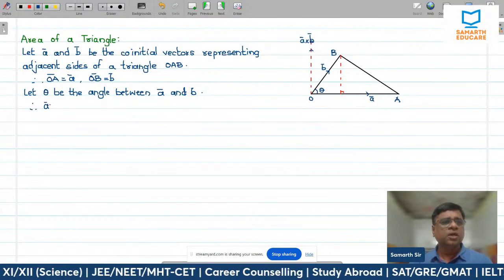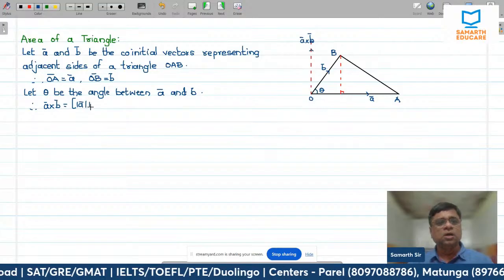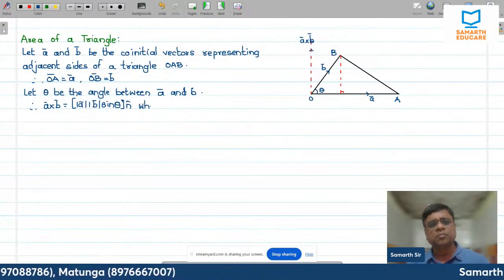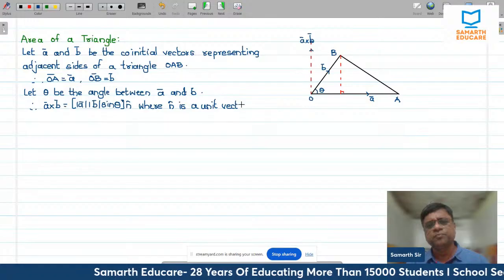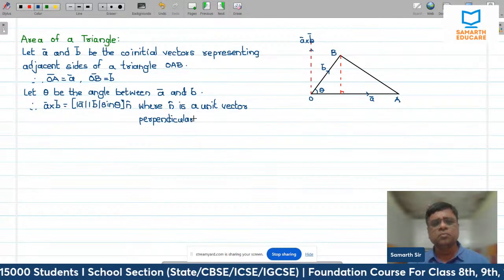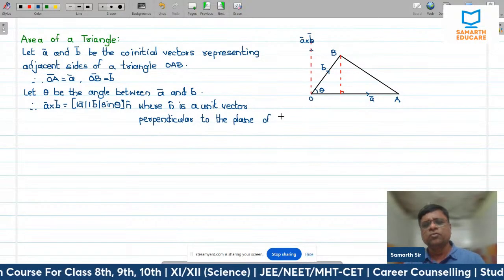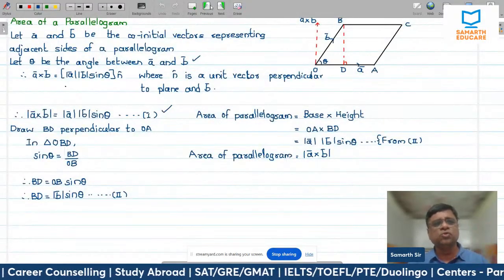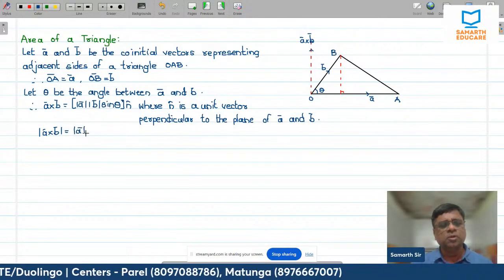Therefore, A bar cross B bar is, according to the definition of cross product or vector product, mod A bar mod B bar sine theta into n cap, where n cap is a unit vector perpendicular to the plane of A bar and B bar. All right, we are doing everything the same as we wrote here, no difference. What is mod A bar cross B bar? It is equal to mod A bar mod B bar sin theta.